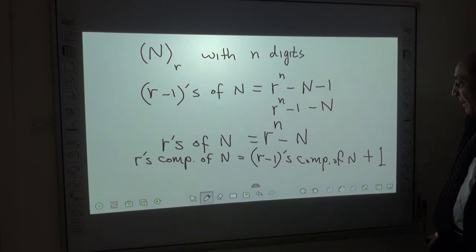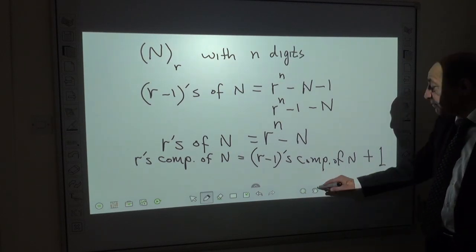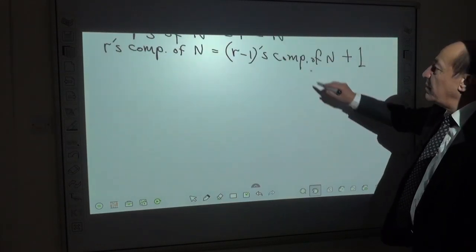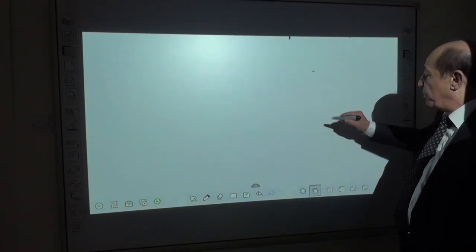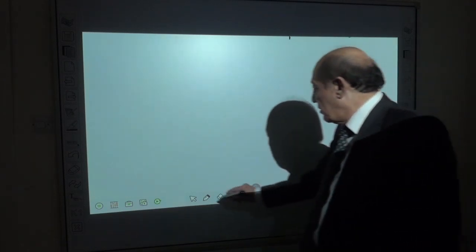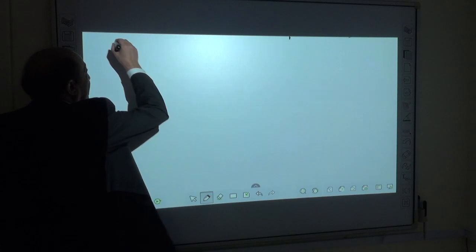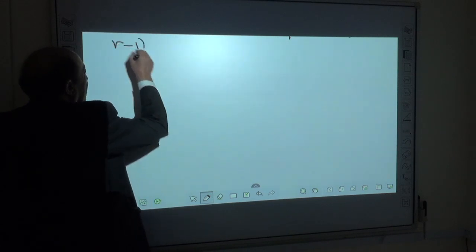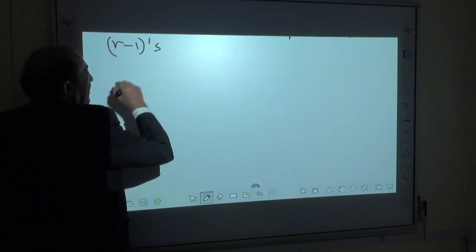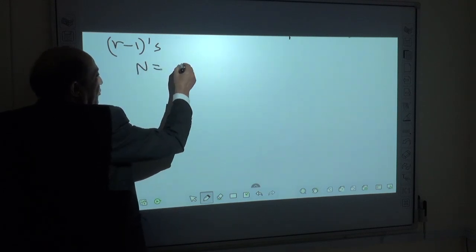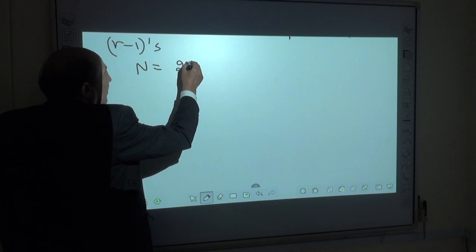Next we move to examples of how to find R's complement and R minus 1's complement. We start with R minus 1's complement. Suppose the number n equals 25.